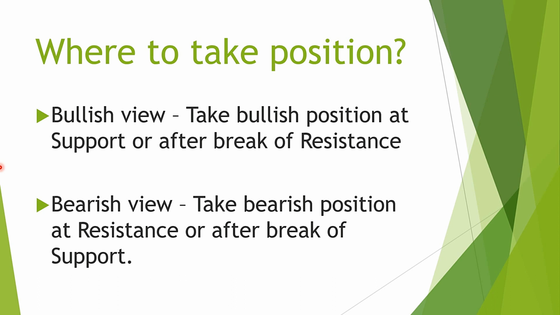For example, suppose 37,000 is support, 37,500 is resistance, and we are expecting a move from 37,000 to 37,500 for an intraday trade, or maybe 37,100 to 37,300. If the view is bullish, we should not take a bearish position at 37,500 or 37,300.